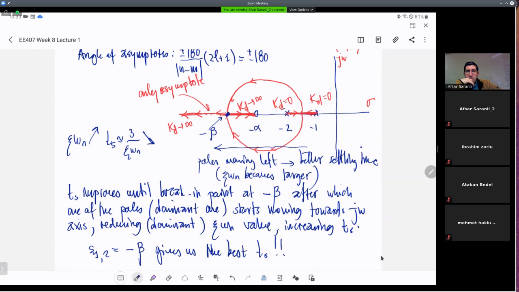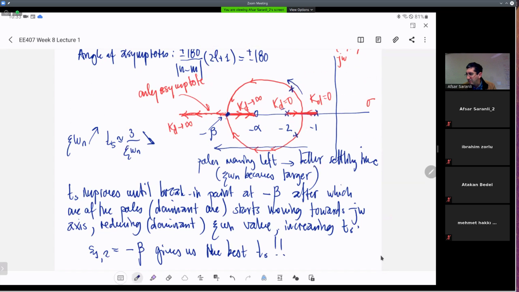When the pole is on the real axis, the oscillation goes to zero. When we are on the real axis, no oscillations. It's an overdamped system. When we are in the S-plane as a complex conjugate pair, we have some oscillations. What's happening here, for example, as I move on that circle?